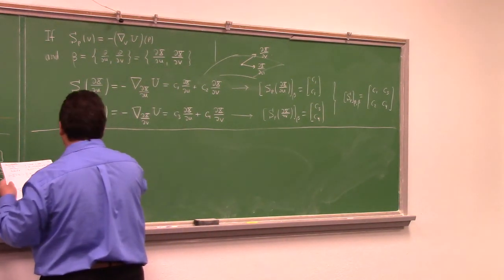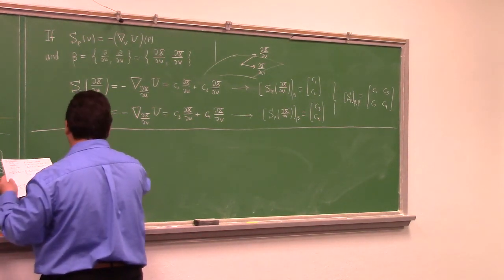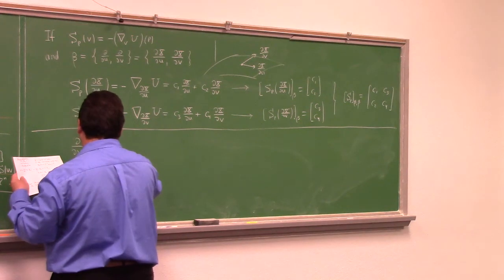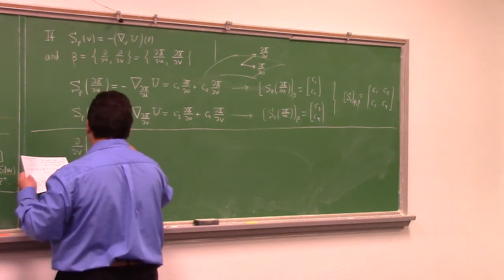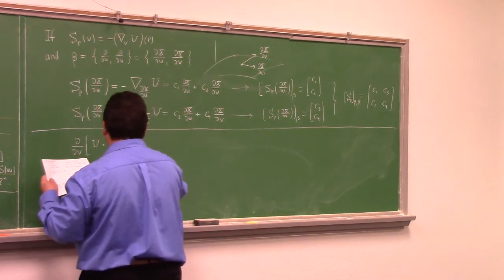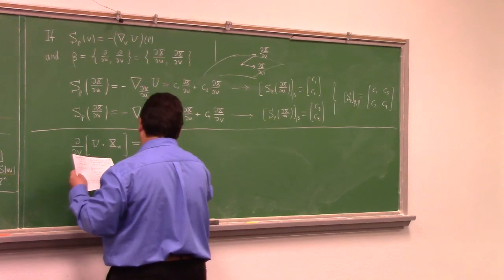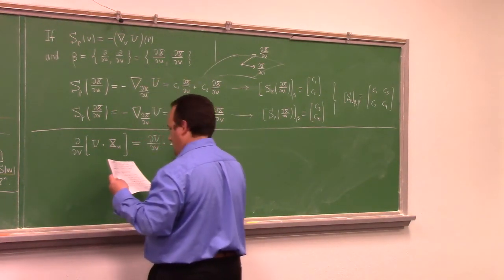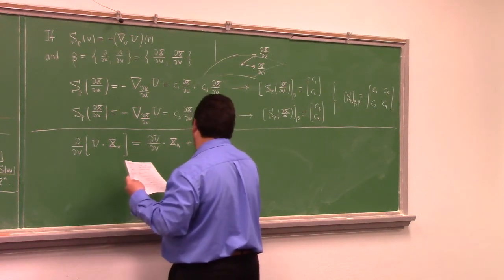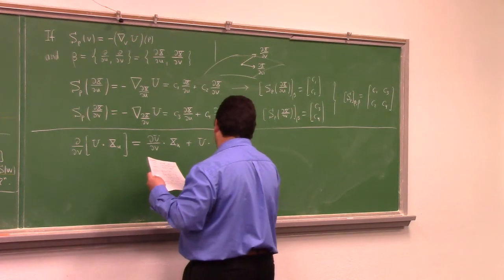So here it is. Partial v of u dot xu is equal to partial u partial v dot xu plus u dot xuv.